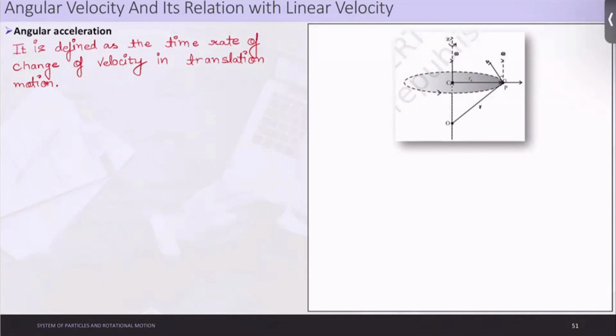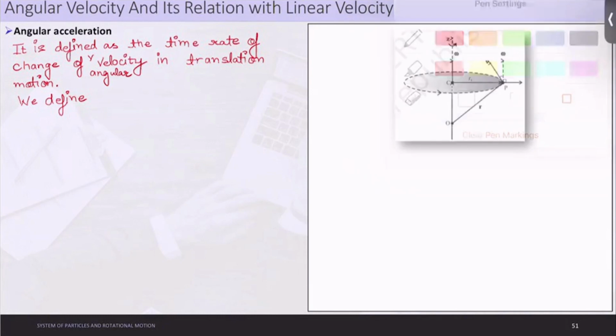Similarly, we define angular acceleration as the time rate of change of angular velocity in rotational motion.